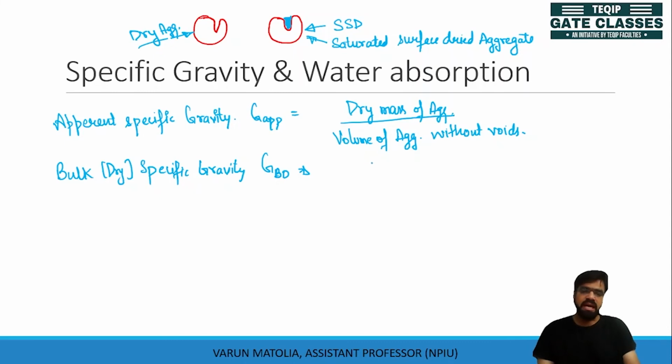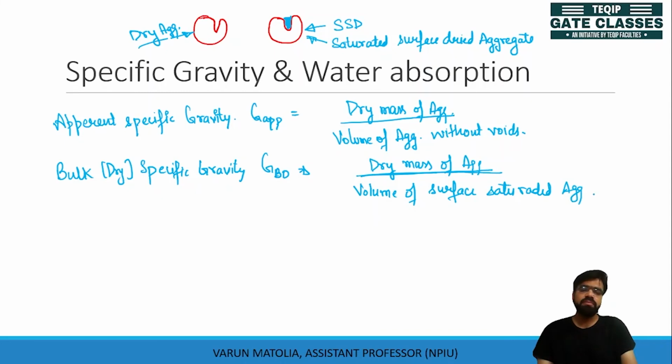This is dry mass of aggregate, or this can be calculated by dry mass of aggregate divided by volume of surface saturated aggregate. Of course, this is the value of unit weight. You will multiply this value by or divide this value by unit weight of water, or if you are taking mass, the density of water, here also density of water.